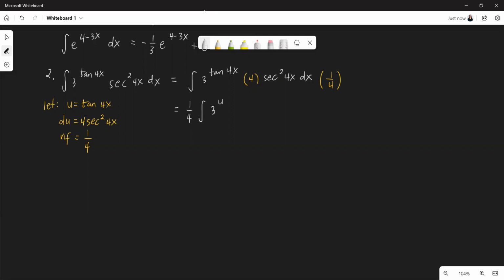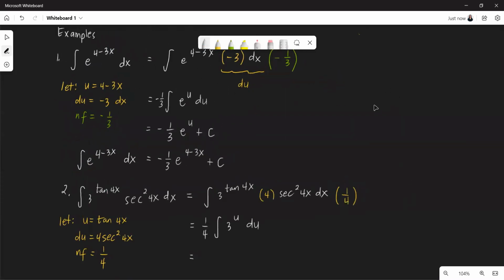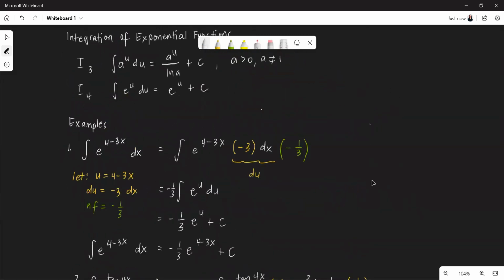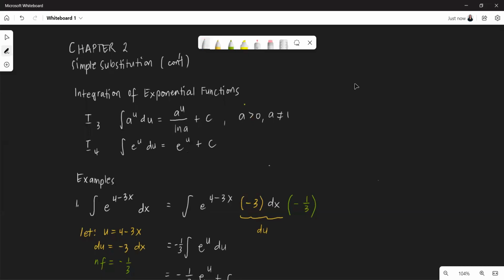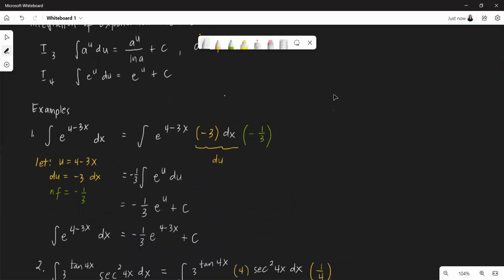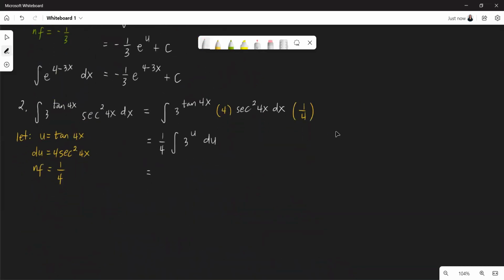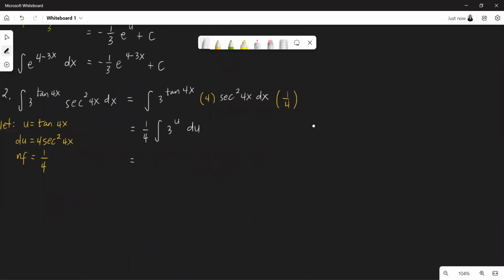Then the 4 secant squared for x dx is the du. So using I3, we have the integral of a raised to the power of u du is a raised to the power of u over ln a, plus c. Okay, a is greater than 0, or positive, and it's not equal to 1. So we can definitely use that formula.